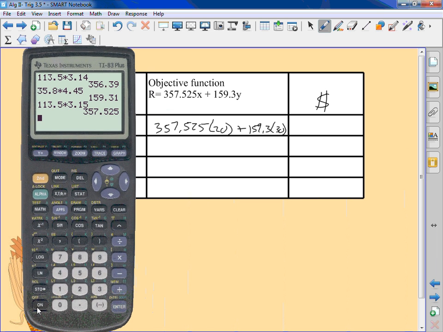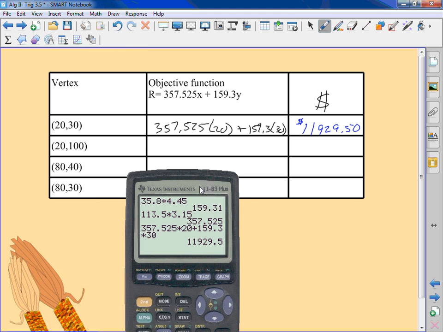And you can use your calculator. 357.525 times 20 plus 159.3 times 30. Press enter. How much money does he make? $11,929.50.